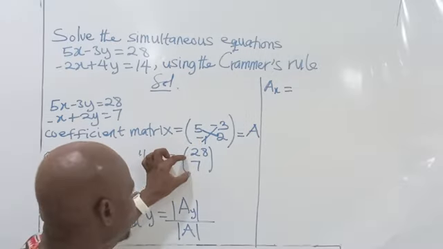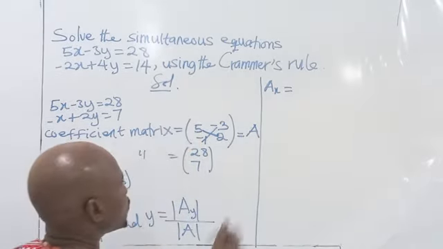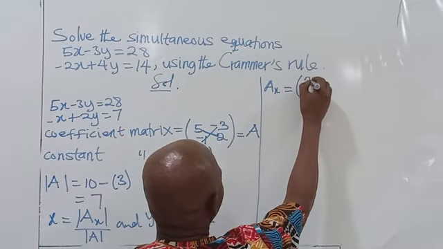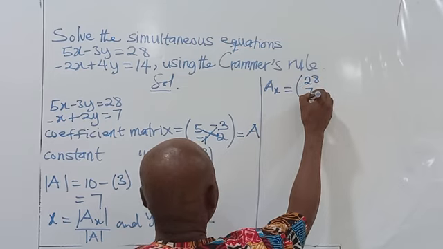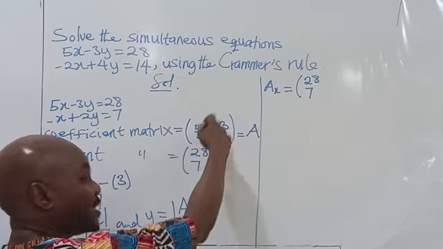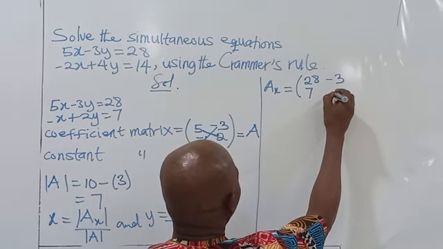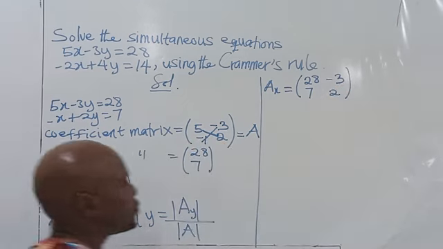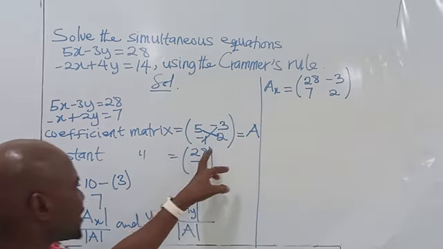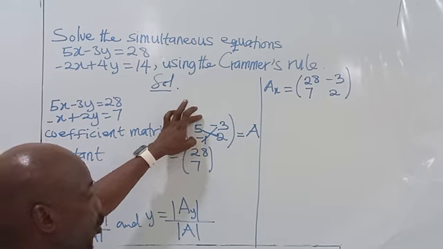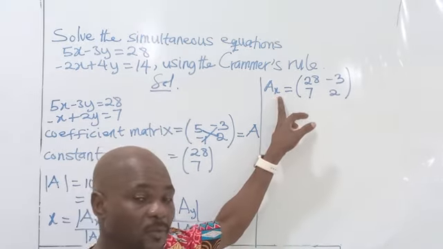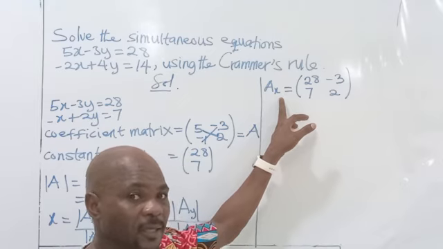So that gives us 28, 7. And then this person is still agile, playing. Minus 3 and 2. Now, why did I replace the first column? Because of this x.